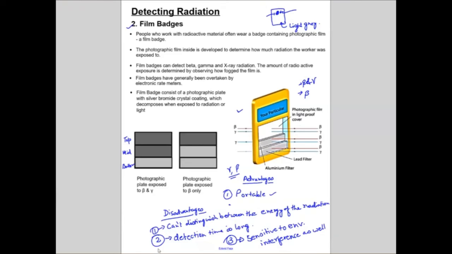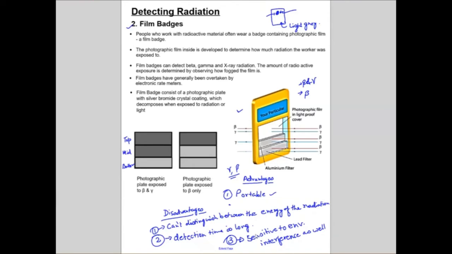Another disadvantage is that the detection time is quite long, right? After the worker has completed their shift, they would submit it to the lab. The technician would develop the film and then tell them that yes, you were exposed, or no, you were not exposed to radiations. So that entire process is quite time taking.